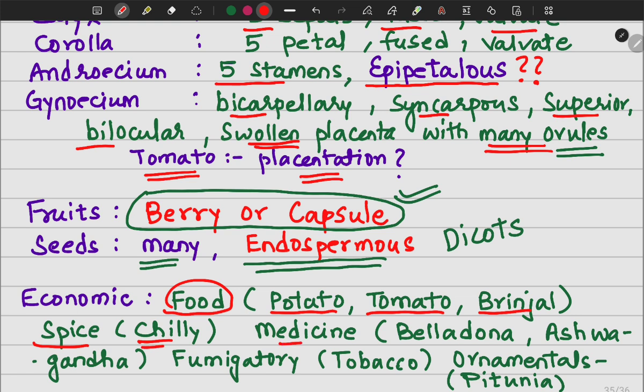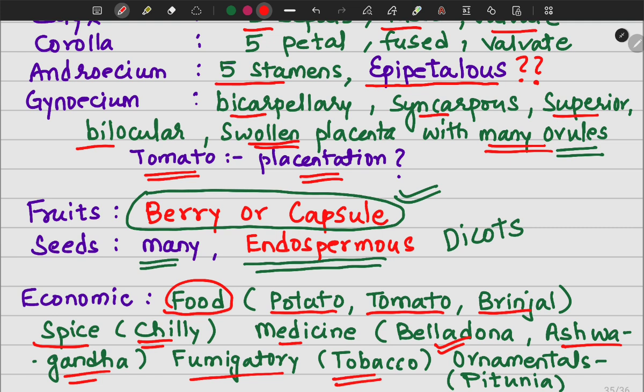Some are used as medicines, for example belladonna and ashwagandha. Then some are used as fumigatory. Fumigatory plants means those plants which are usually burned for smoke or for creating fumes. So one such example is tobacco. Tobacco is usually burnt, right?